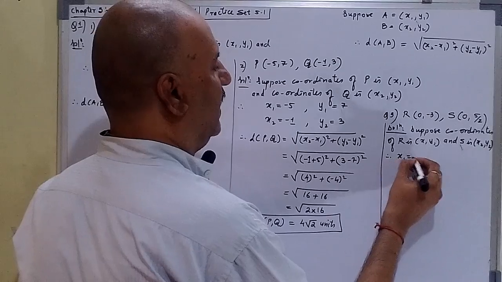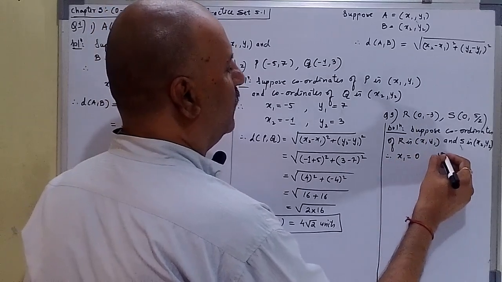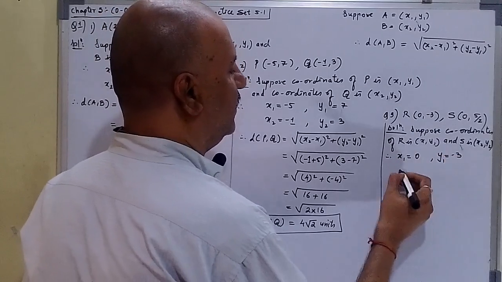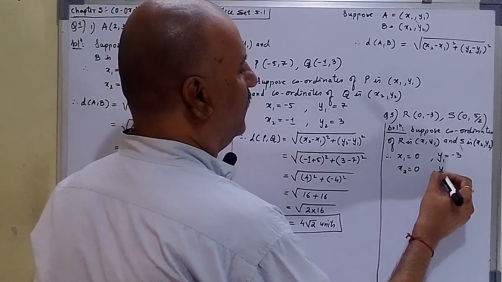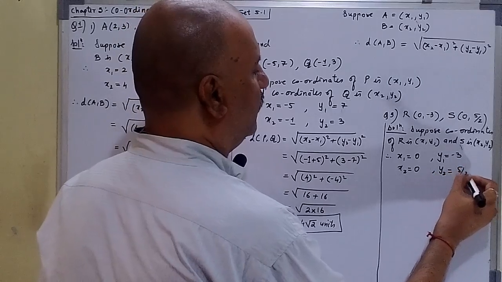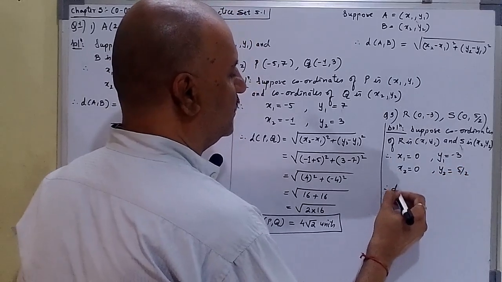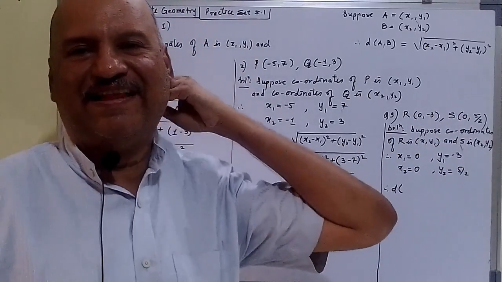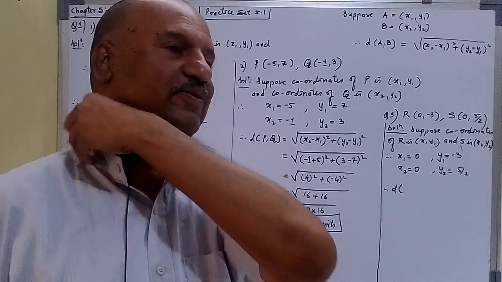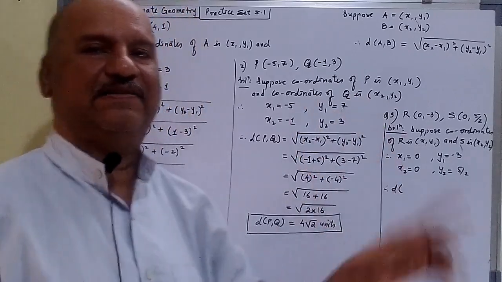Therefore x1 is 0, y1 is -3, x2 is 0, y2 is 5/2. Therefore for the distance, you can look at the points and say these 2 points lie on the y axis, because their x coordinate is 0.